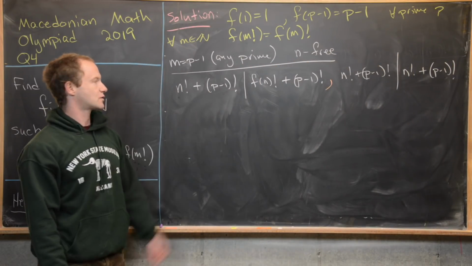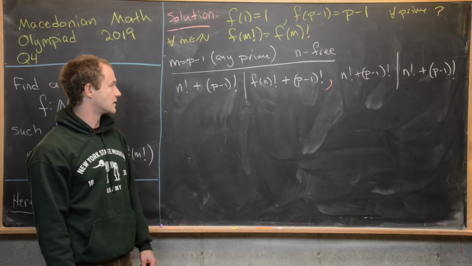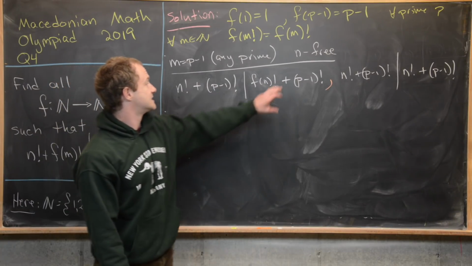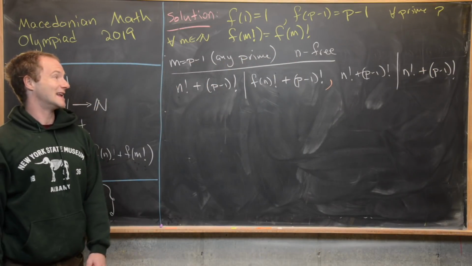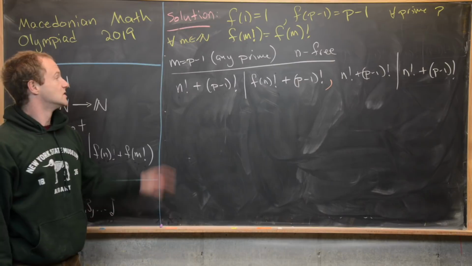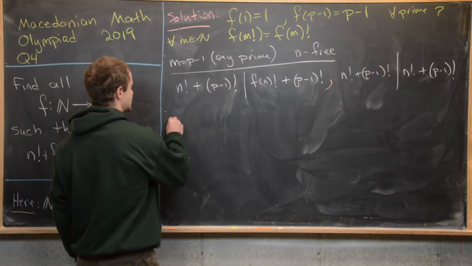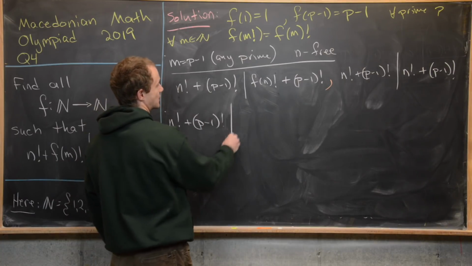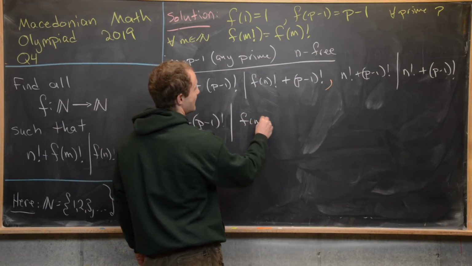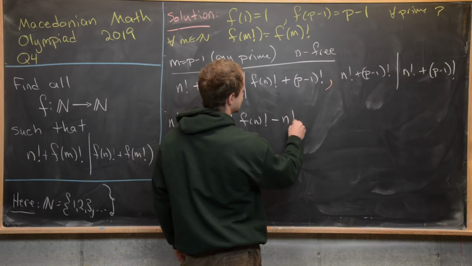Now since n! + (p−1)! divides this and itself, it's going to divide that difference. So let's go ahead and write that difference down. So we have n! + (p−1)! divides f(n)! minus n!.